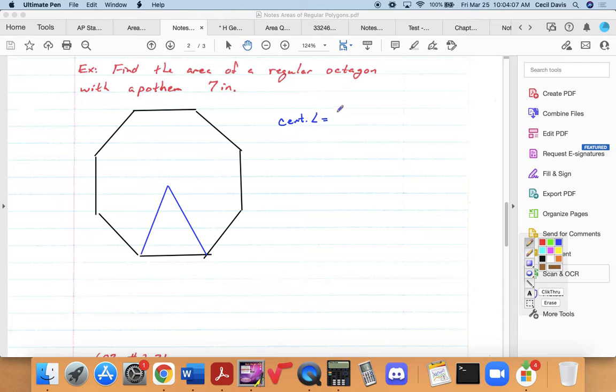So the central angle is going to be 360 divided by 8. It's 45. And then I'll draw in the apothem. And the length of the apothem is 7.